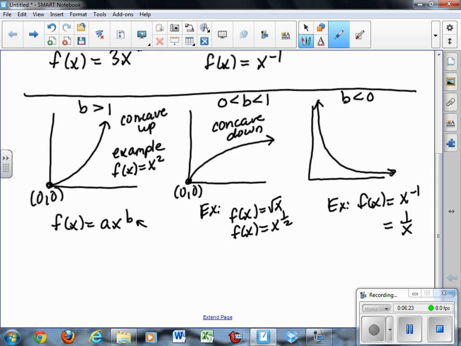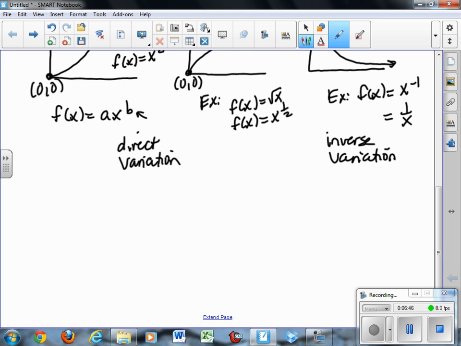So 3 possible cases. These are all power functions. The first 2 are known as direct variation. The last one is called inverse variation. The reason why, when we say direct variation, we're saying as x increases, y increases.